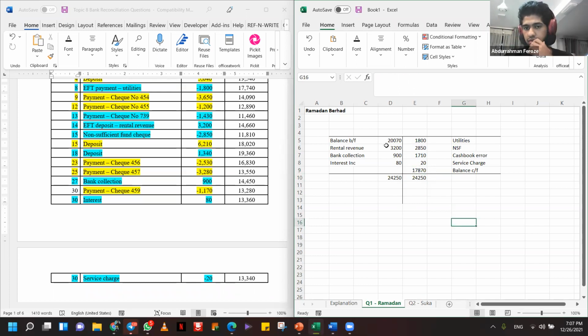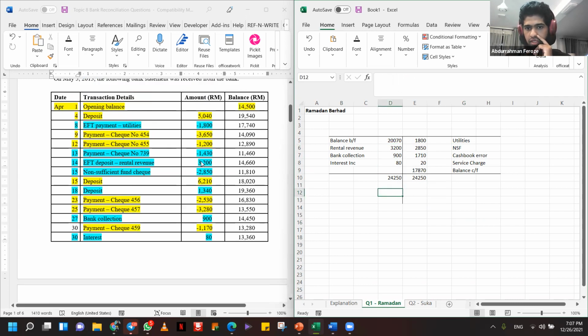We have entered all the amounts from the bank statement that the company has received but are not recorded, which are these three amounts, right? So 3,200, 980.